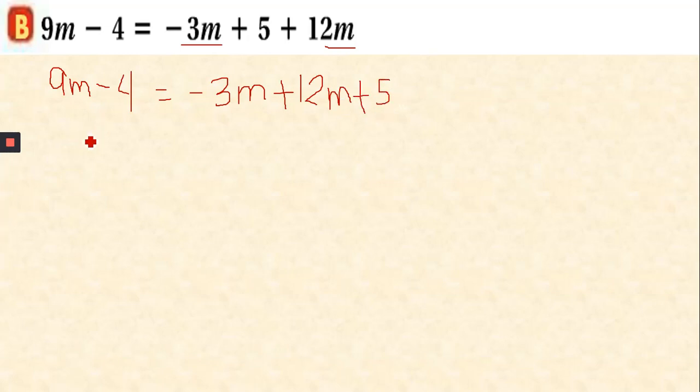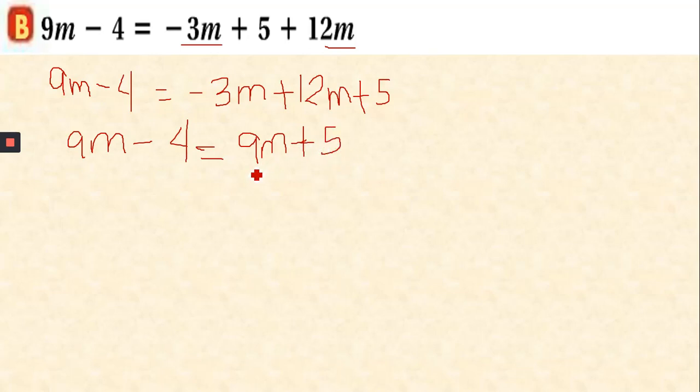So you now have 9m minus 4 is equal to negative 3m plus 12m, that is 9m, plus 5.